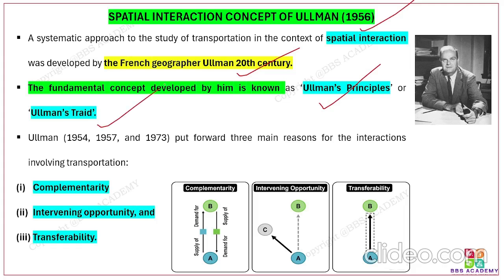According to Ullman, trade between regions was an interaction based on three phenomena or concepts: complementarity, intervening opportunities, and transferability. In this model, we have to understand these three concepts properly.